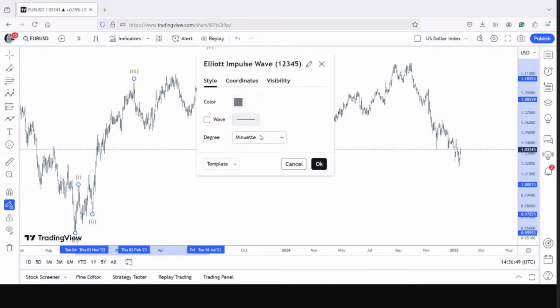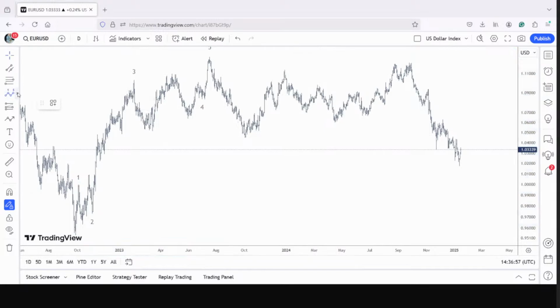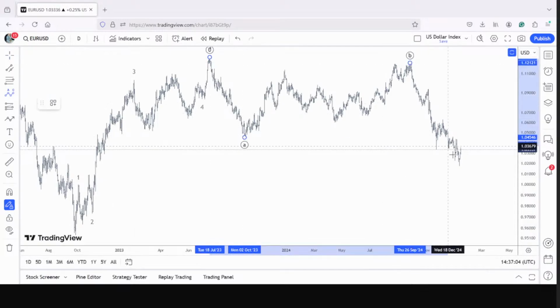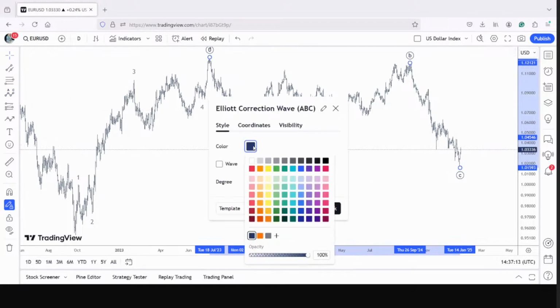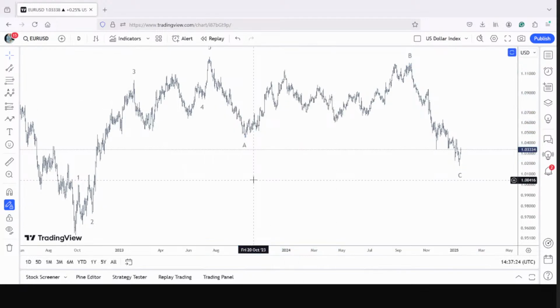That's minor degree, and followed by the ABC corrective decline as well. I've got to change the degree as well. And since Monday, we have been calling for a long euro against 1.01, which has materialized quite nicely, and price action has already taken out a couple of resistances.